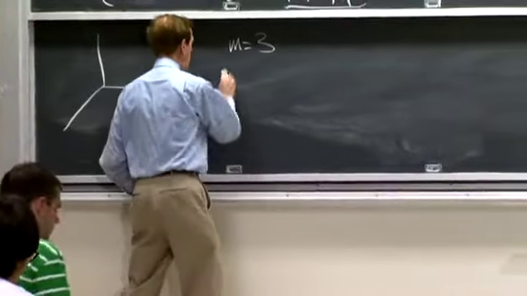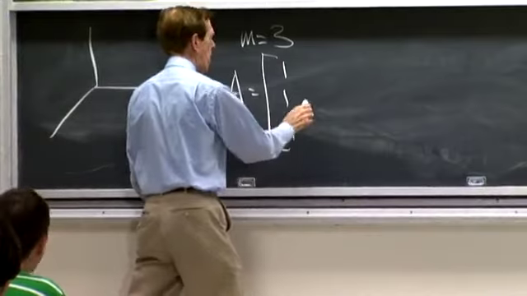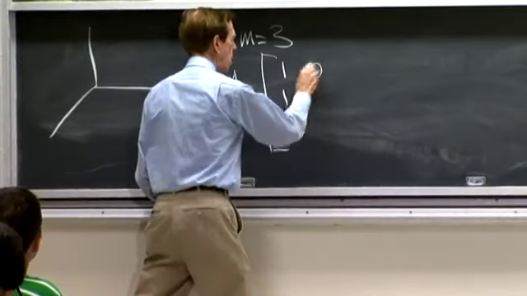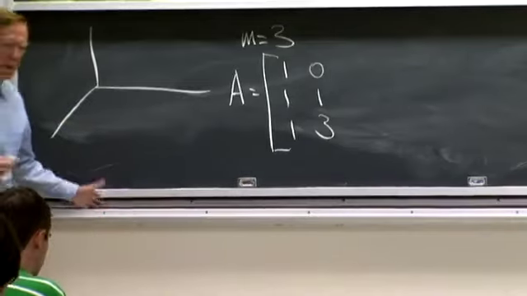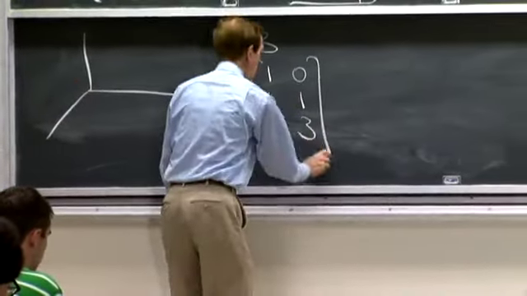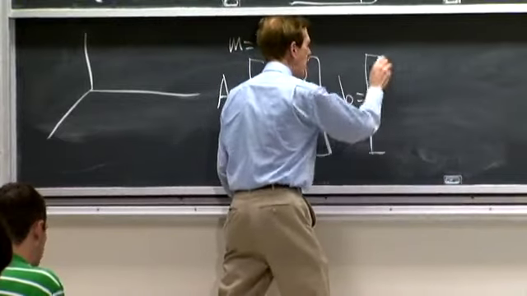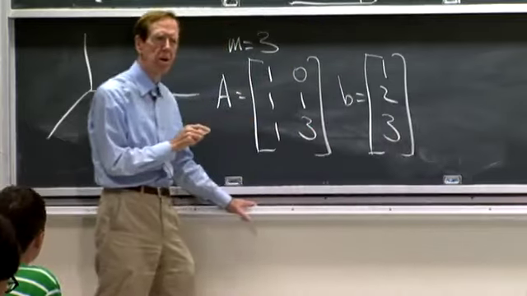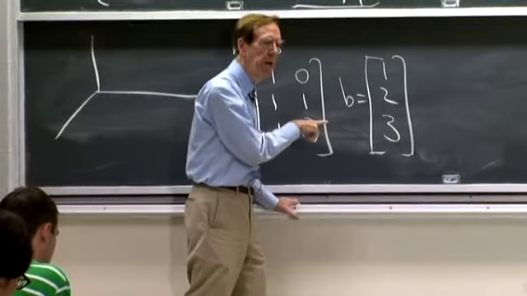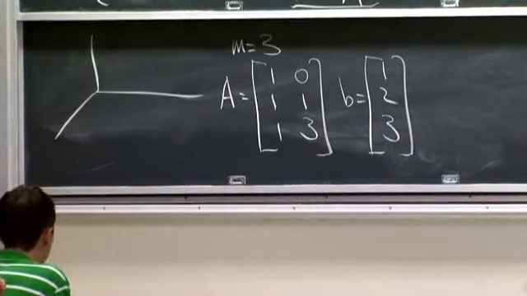The matrix A, I'm afraid I don't remember what it was, but I think it was something like 1, 1, 1, 0, 1, 3. Was that maybe it? Just to connect to last time. And what I'm now calling B was the vector 1, 2, 3, was it? Or was it not? It was 0, 1, 2, maybe? That's right?